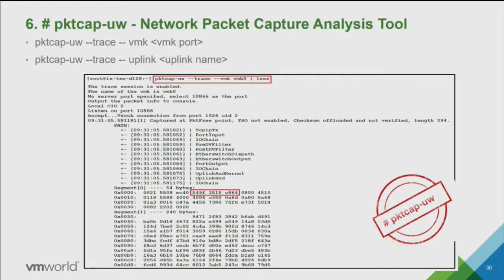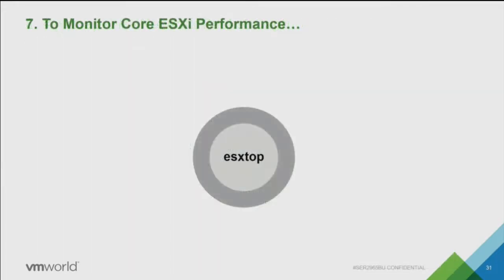So the last command that we're going to look at is ESXtop. I'm sure the question would be: if I want to look at ESXi or virtual machine performance related issues, I can look at it from the performance chart in vCenter or in ESXi. Why do I need ESXtop itself?